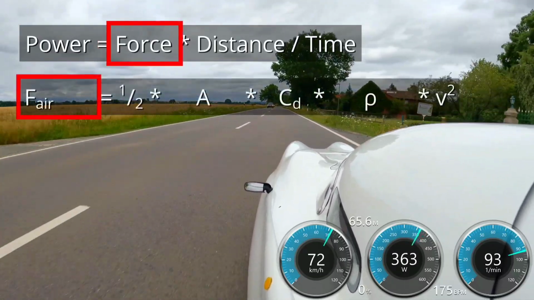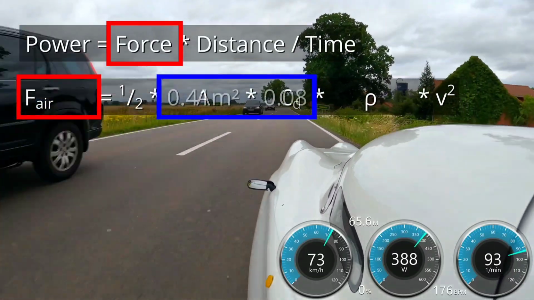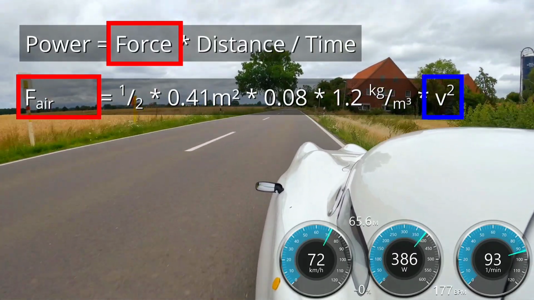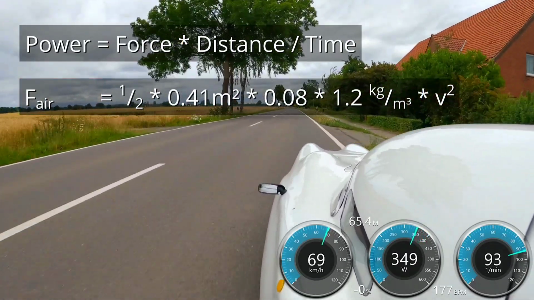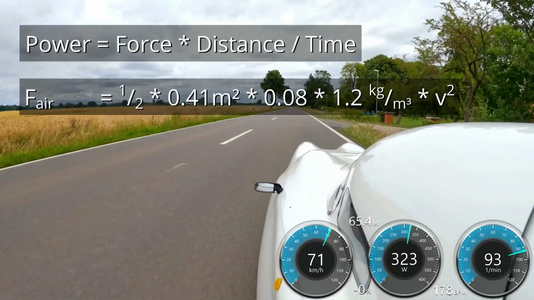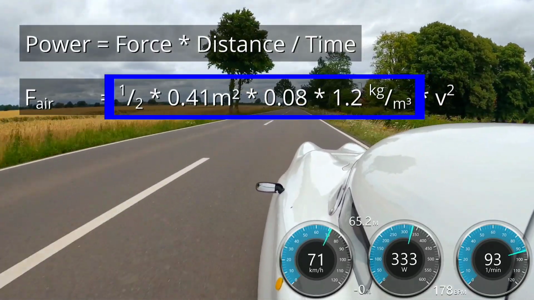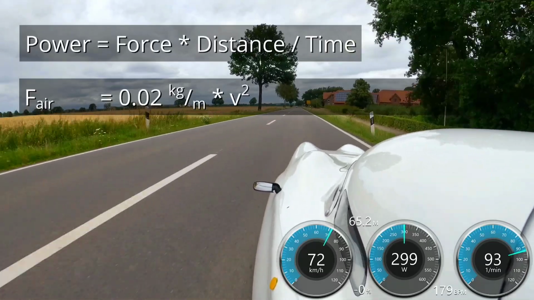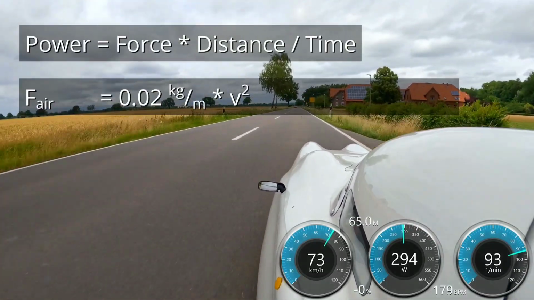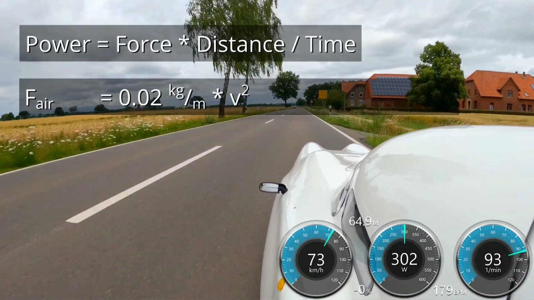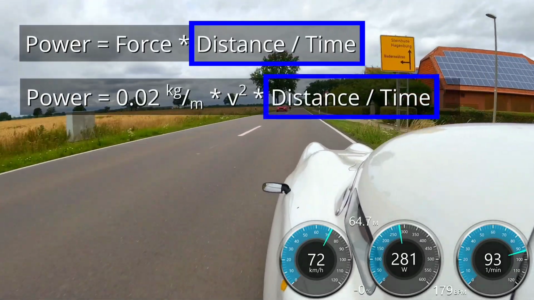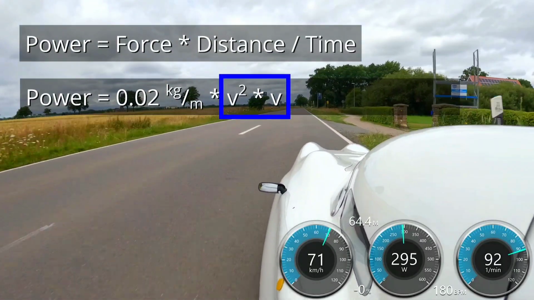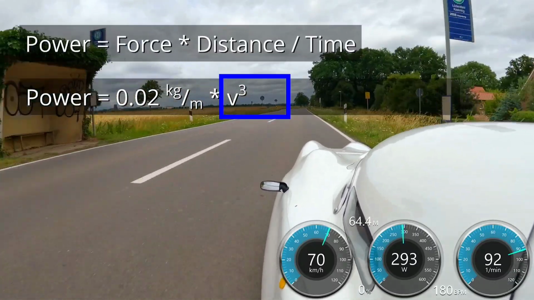The air resistance force equals half the apparent frontal area times the air density multiplied with the square of the velocity. With the Milan as an example and the given air density, this part is constant. To get the necessary power to overcome the air resistance force, we now need to multiply with distance per time, which is velocity, again. So the necessary power is proportional to velocity cubed.